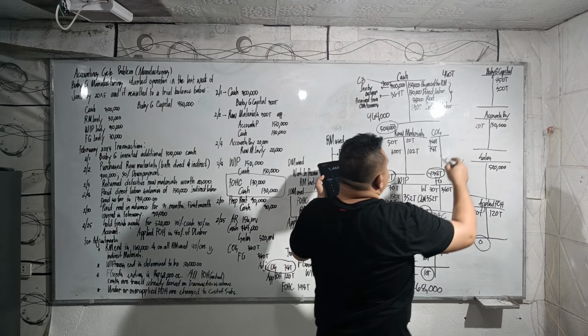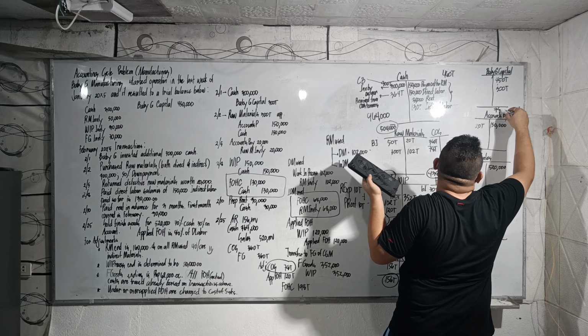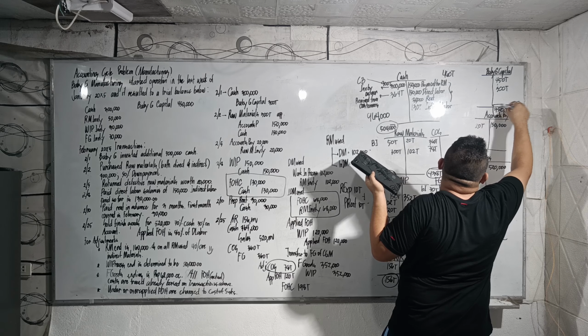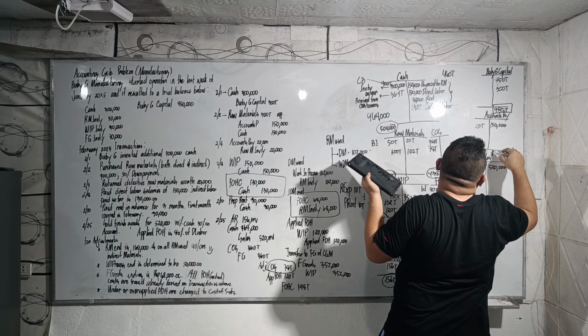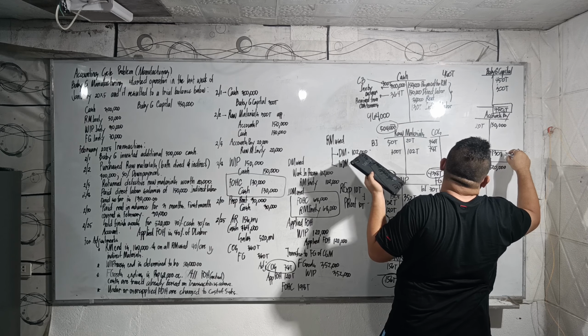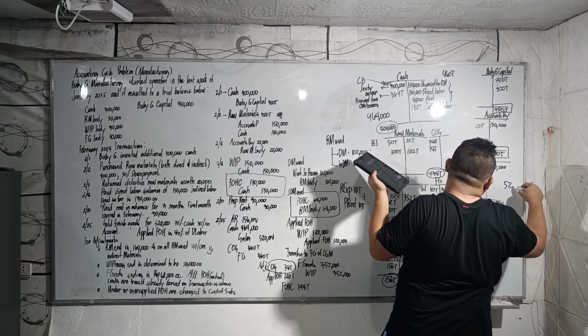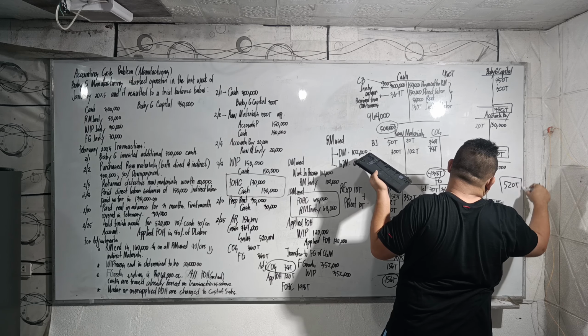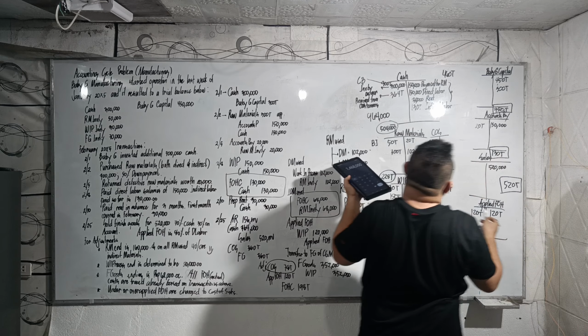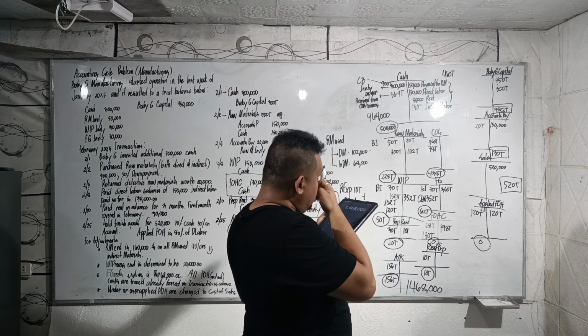And then we have here 750. Let's put it in a square. And we have 130,000. And we have 520,000 here. And we have 0. So let's see.